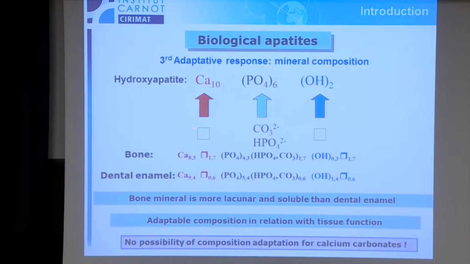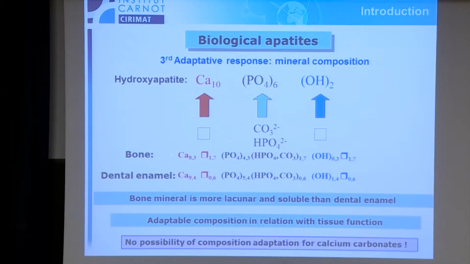And you can see that it can be related to the stoichiometric hydroxyapatite with some substitution of PO4 with HPO4 and carbonate. And to compensate for the charge in the mineral, we have an introduction of calcium vacancies and also hydroxide vacancies. And if you compare the bone and the dental enamel apatite compositions, you can see that bone mineral is more lacunar.